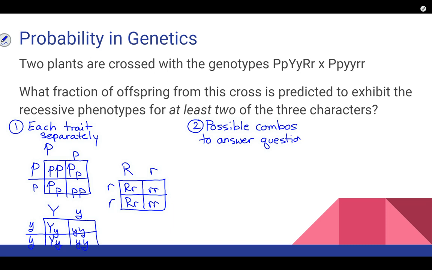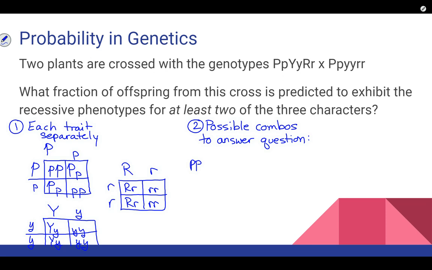Next here, we're going to think about the possible combinations that can answer the question. So it says we want to know what are the chances that they will be homozygous recessive, so show the recessive phenotype for at least 2. So those 2 could be, and for now I'm just going to list them and then we'll figure out probabilities.